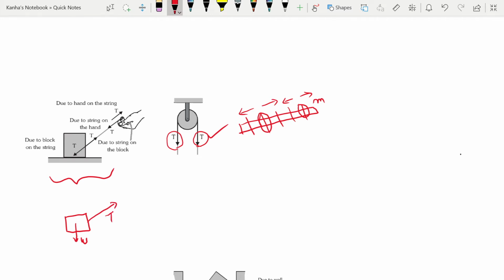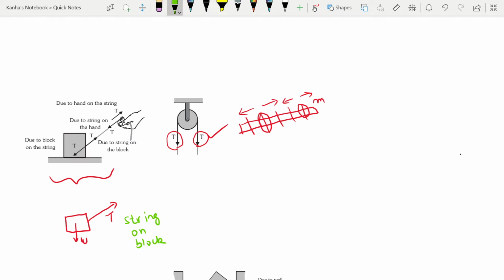I'll just write who applies what force, which is essential when you start to draw FBDs, free body diagrams, in this course. So just a basic knowledge, this string is applying this tension force on the block in the upward direction.